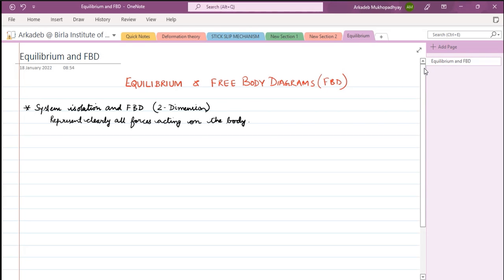So, another important thing is that you must know what a mechanical system is. This is number 1. Number 2 is the mechanical system.